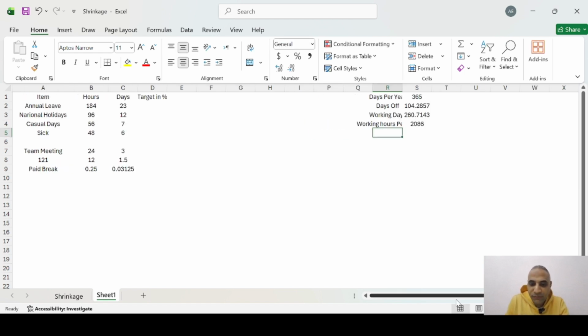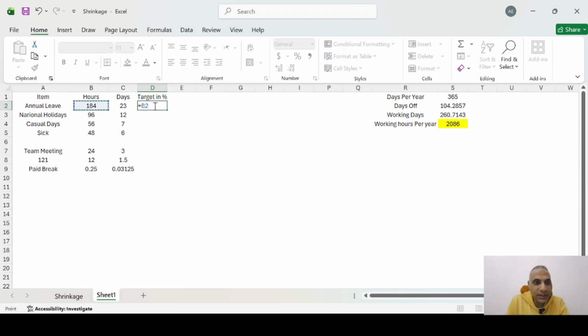And now let's divide the hours by these hours here per year. Accordingly, the annual leave will be 184 divided by 2086. So right now we know the targeted shrinkage is 9% for the annual leave item only.